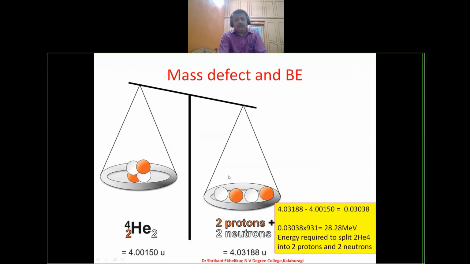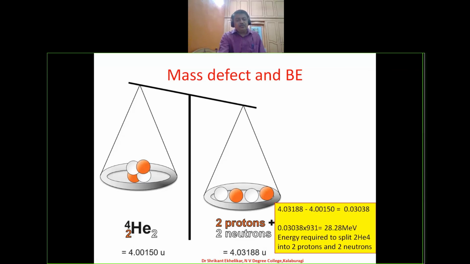So you can also visualize that as a whole nucleus, it is helium 4, with 2 protons and 2 neutrons together, the weight is less, compared to when separately weighing one proton, another proton, one neutron and another neutron. So it means that in keeping the nucleons of a nucleus together, in keeping 2 protons and 2 neutrons, some mass is lost, or some energy is required to keep the protons and neutrons together.